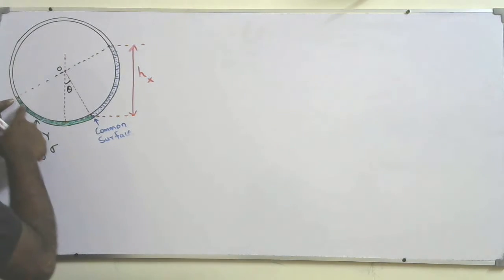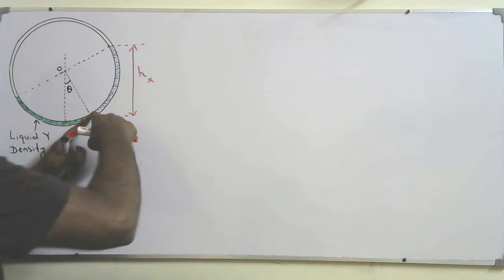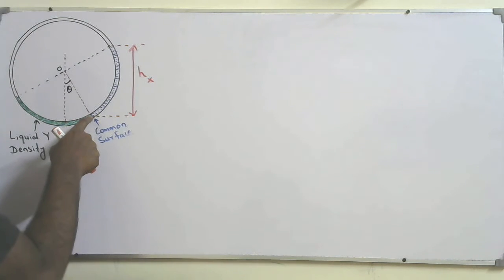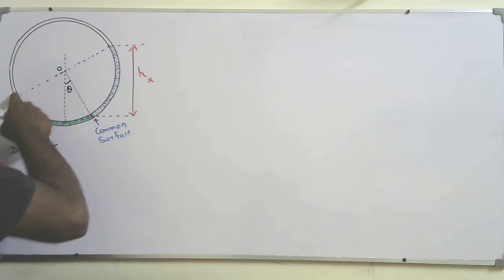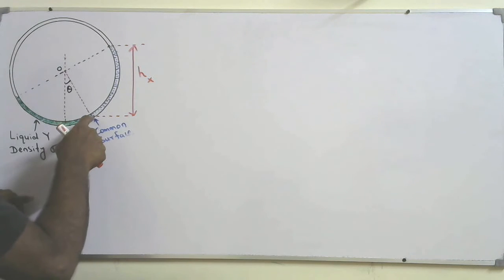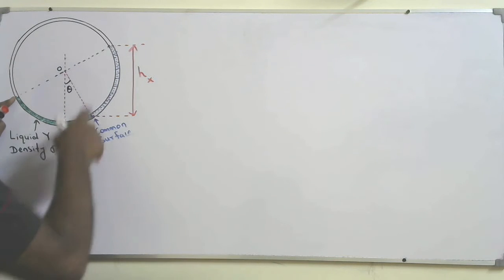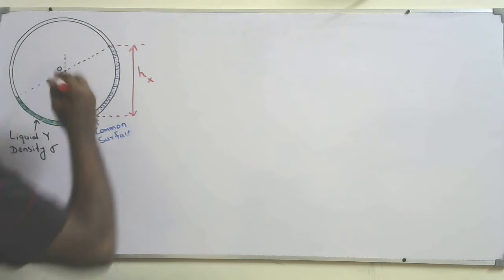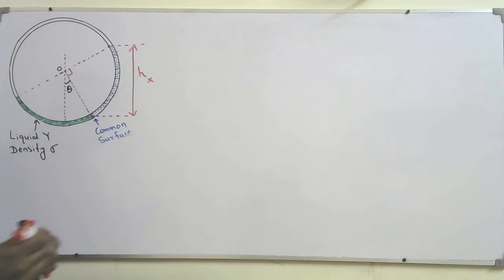So the length of the liquid Y must be equal to the length of the liquid X. From the common surface, if you draw a line to the center, this is a diameter. This length is equal to this length, meaning this point is the center of half of this circumference. Therefore, this angle will be 90 degrees.